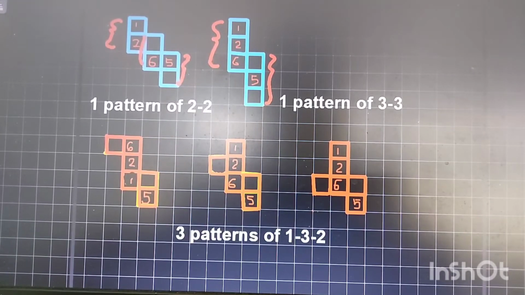Then 3 patterns of 1, 3, 2. That is the center part will have 3 squares. You can see here. And 1 square on the left hand side, whereas 2 squares on the right hand side. Okay, so here first one, that is first square, and then the bottom 2 squares. Can you see that? Again this first square is over.